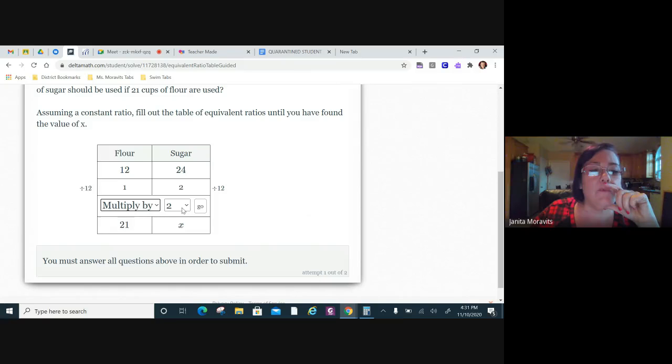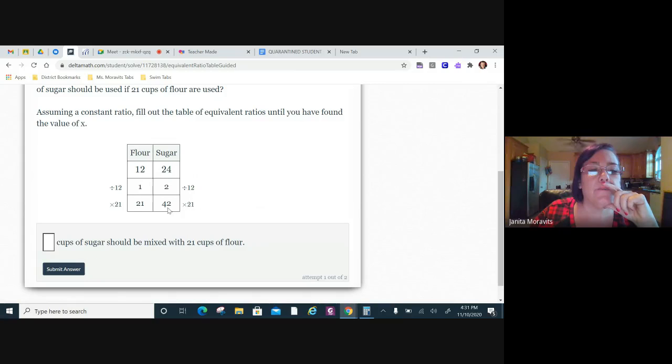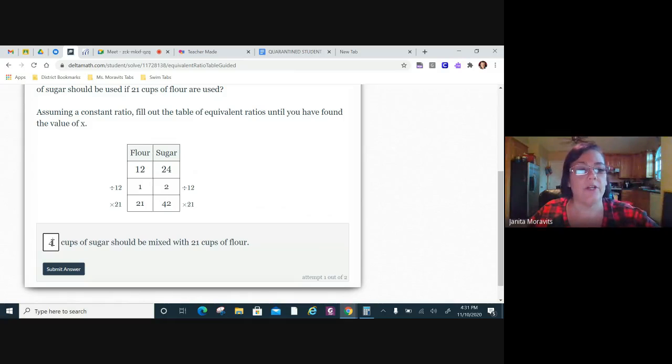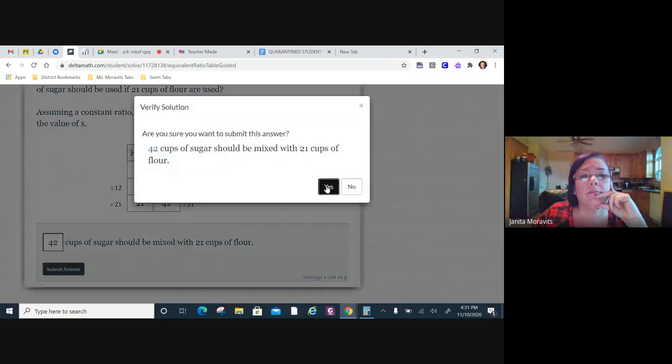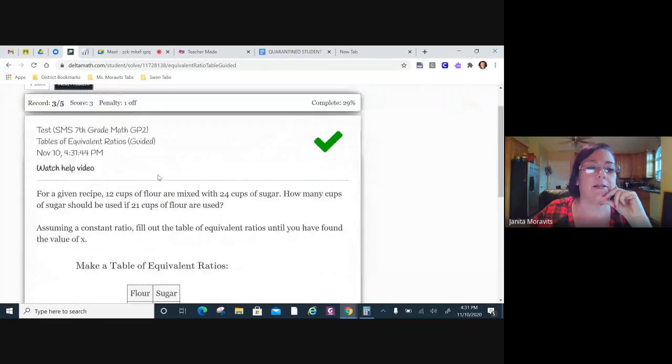But this time, we're going to multiply by the 21 that's right there, because we want to know how many is in 21. So if we have 21 cups of flour, we have 42 cups of sugar. So we're going to type in 42 right here. We're going to submit this answer, and hopefully it will go through. And there we go.